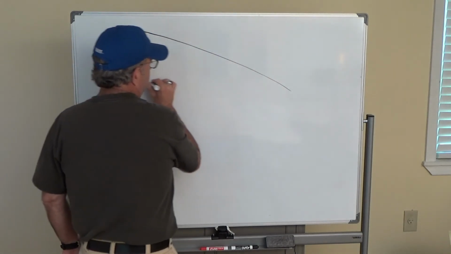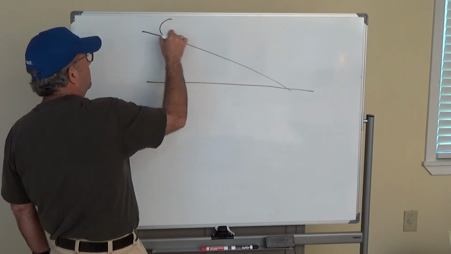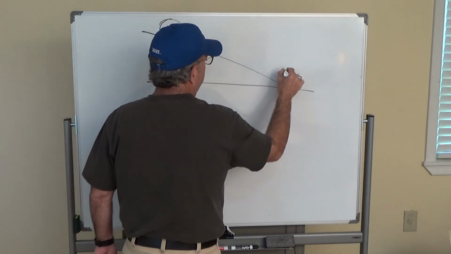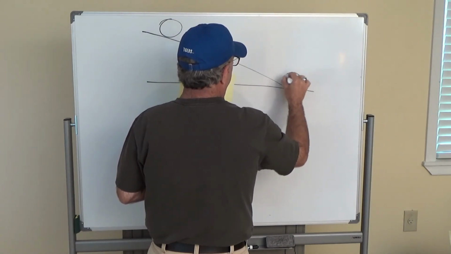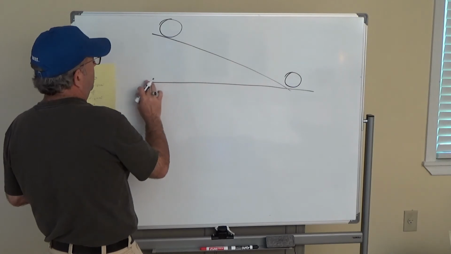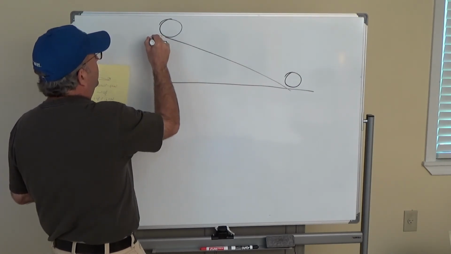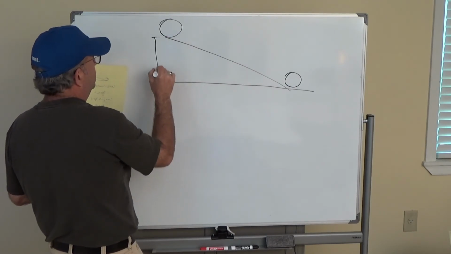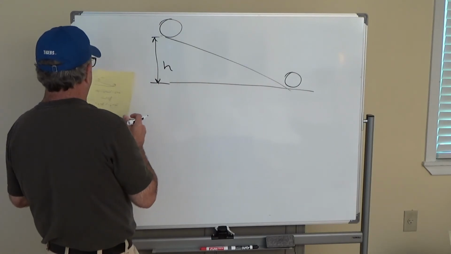Let's look at an object rolling down a hill without slipping. Let's see. I'll put it right here at the bottom. Okay. So it's right on the edge, and this distance is h. Okay.